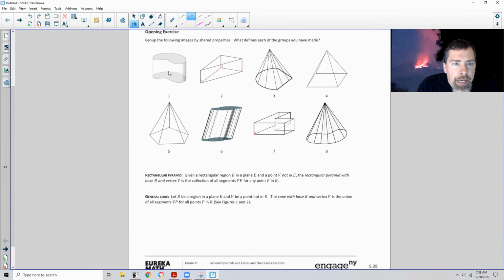So let's start with that. If I took this kidney bean shape and cut it in the middle, and the plane that I cut was parallel to the base, then the piece that I cut would be congruent to the base. So forming a congruence would be here.